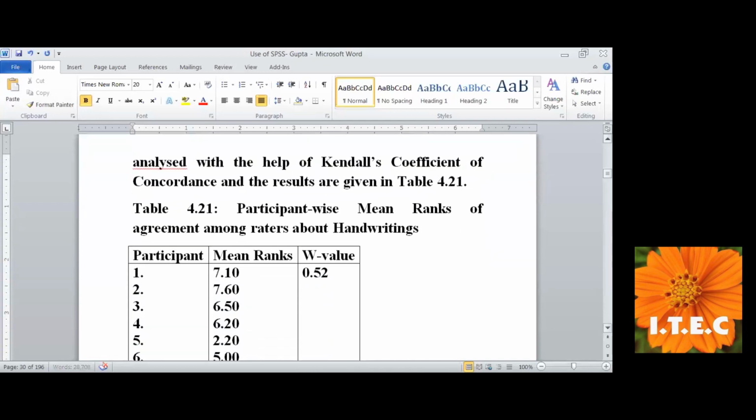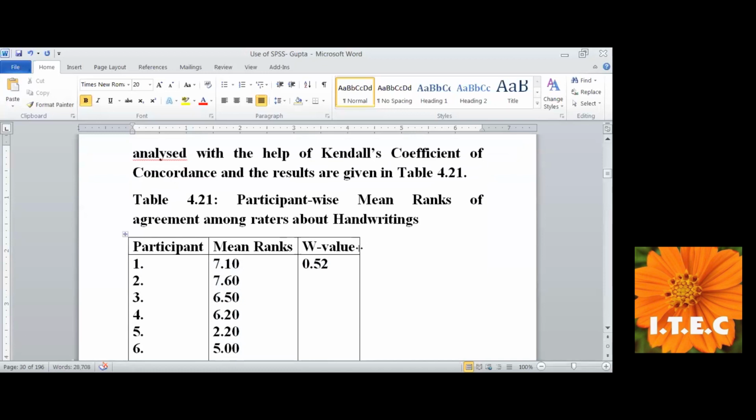Now, my dear friend, if you want to write, you can have a remark here, no problem. Or otherwise, you could have put a star here, because it is significant at 0.01 level, where chi-square is significant.